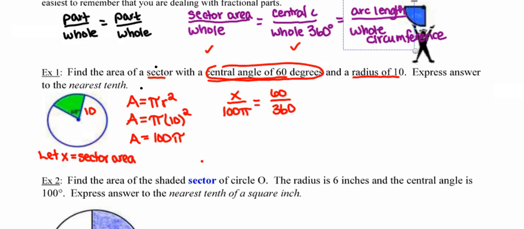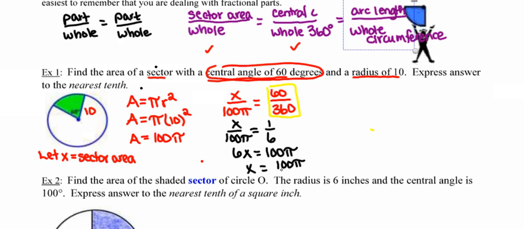You can go ahead and cross multiply exactly as it is. I'm going to instead simplify that fraction on the right-hand side to give me numbers that are a little bit more friendly to work with. So I'm going to leave x over 100 pi, but when I simplify that fraction on the right side, I get 1/6. So now cross multiplying, 6x is equal to 100 pi. X, my sector area, is going to be equal to 100 pi over 6.